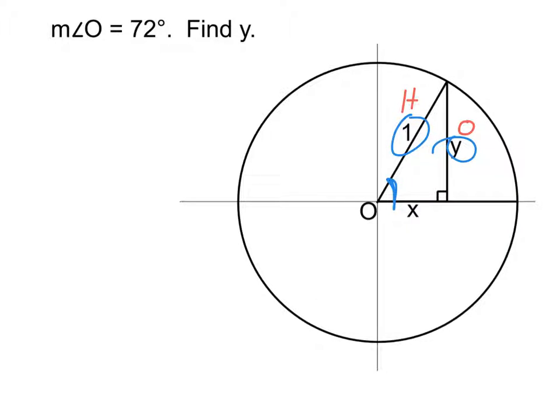So I go back to my notes if I've forgotten, and I look at the definitions of sine, cosine, and tangent to see which one involves opposite and hypotenuse, and it tells me sine. Because sine equals opposite over hypotenuse. And so when I write the right side of this equation, I put the opposite on the top, so that's our y, and my hypotenuse on the bottom, so over 1.